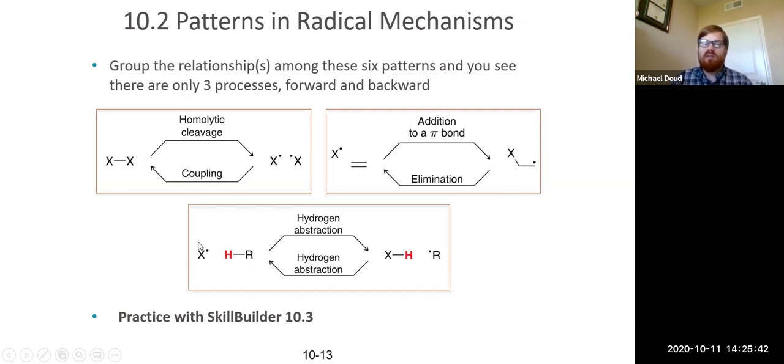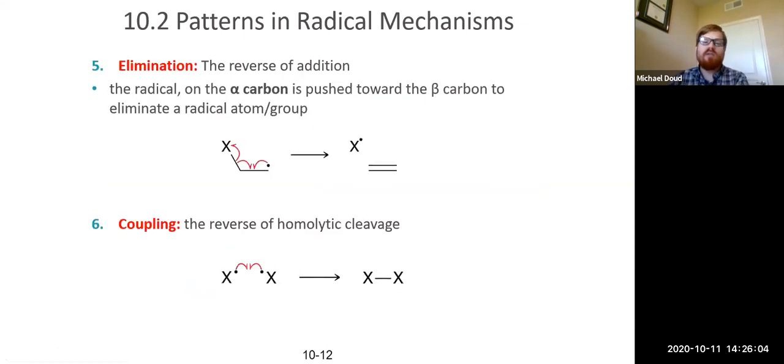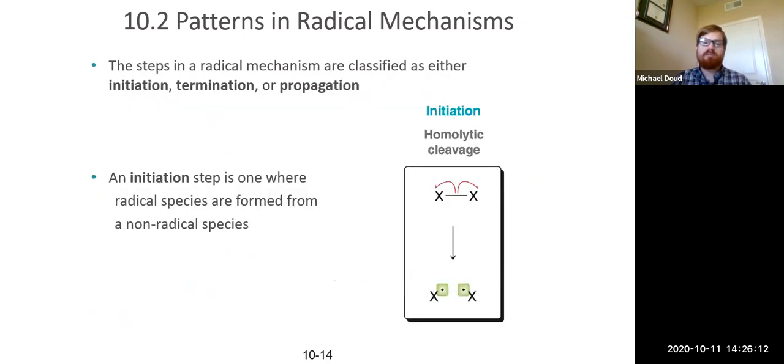Like here, the X abstracts the hydrogen from R, giving you the R radical and X-H bond. But you can imagine the reverse process where the R radical abstracts the hydrogen from X and gives you the X radical with the H-R bond. So yeah, that's really the three processes that you have to worry about. I know these mechanisms look kind of scary when you see all the different arrows, but remember we have to write in more arrows because we're following individual electrons around rather than pairs of electrons.